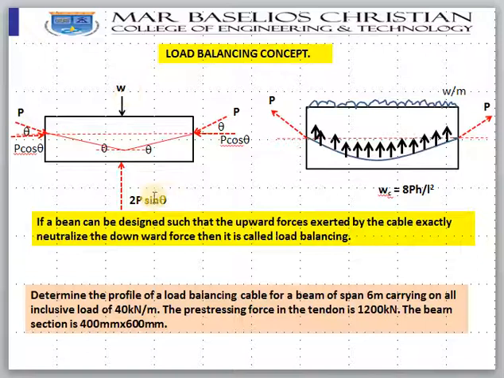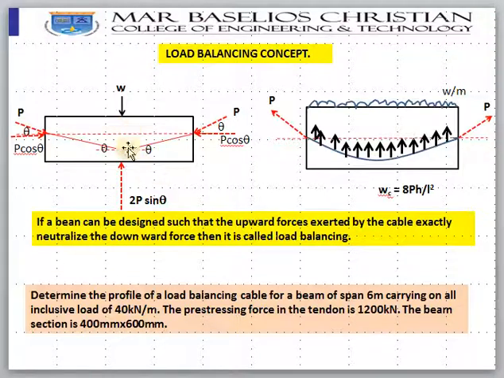We can do two things. One is, we can adjust theta. How to adjust theta? Adjust theta means eccentricity. If you reduce eccentricity, theta will be less. If you increase eccentricity, theta will be more.